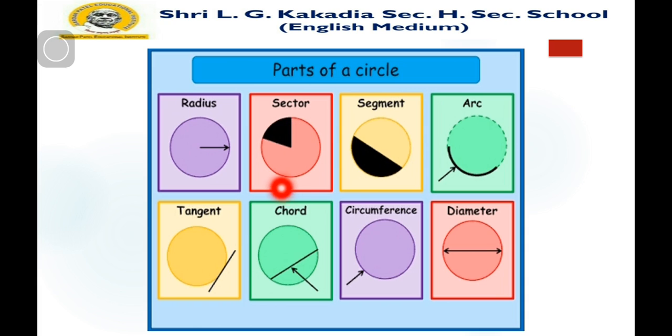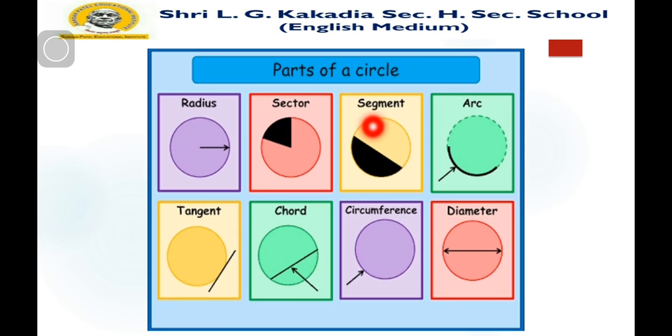If we take two radii and such a part of the circle, then this black part is known as a sector. It is a small part, so it is a minor sector, and here you can see this pink color, so it is a major sector.